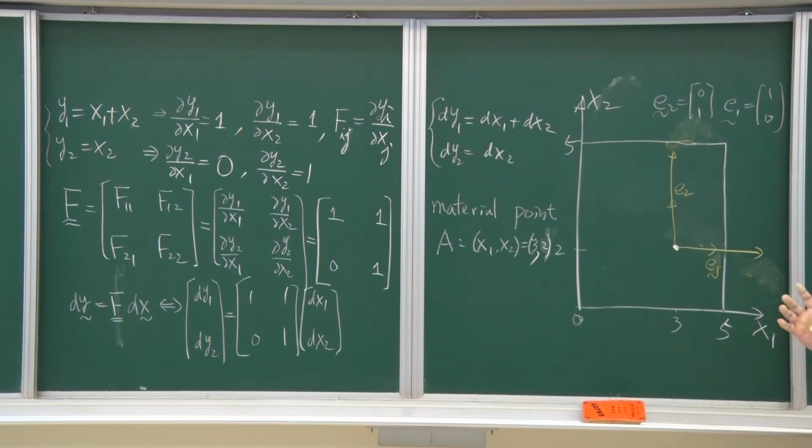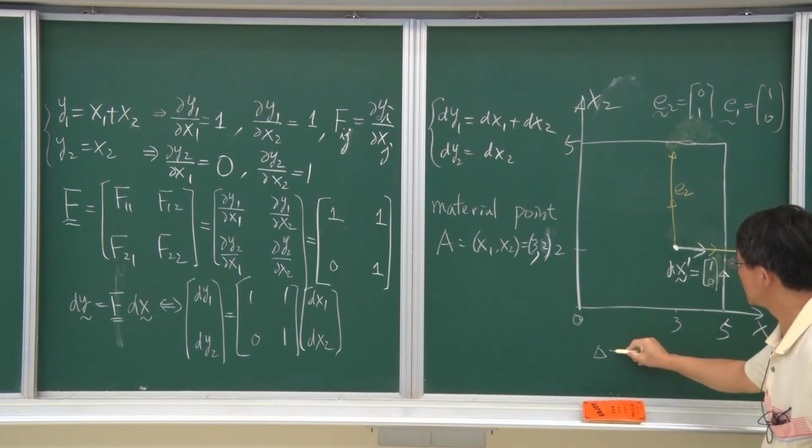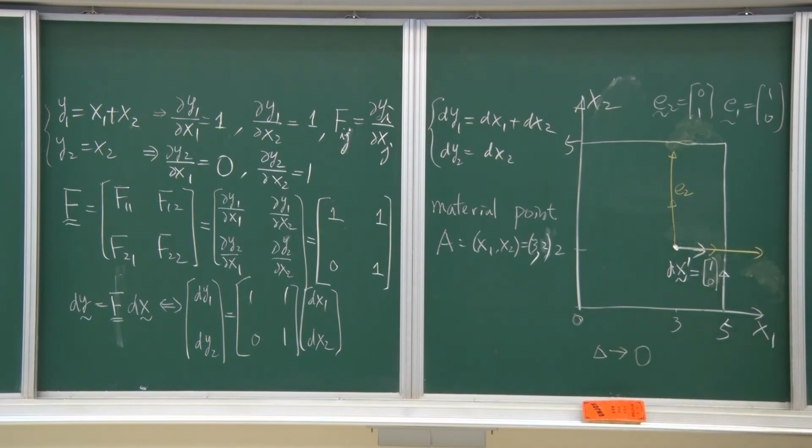We introduce a local coordinate, 就是局部的一个坐标哈，跟这个不一样。Okay, and then we can talk about the material line here. This material line, dx prime, is equal to (1, 0) delta. Okay, delta is a small quantity, delta tends to 0.